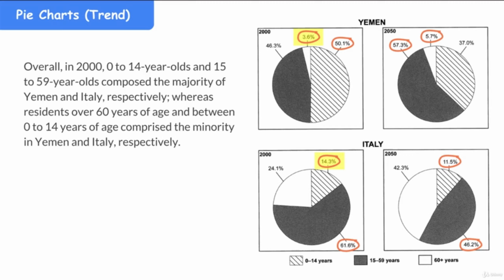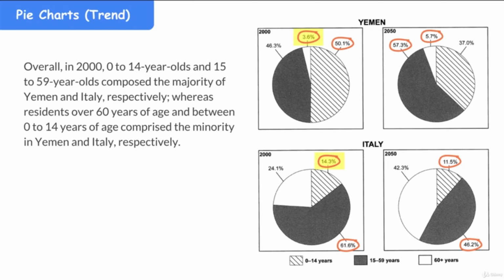So the second part of our sentence reads, whereas residents over 60 years of age and between 0 to 14 years of age comprised the minority in Yemen and Italy, respectively. So in this second part of our sentence, we're saying that residents over 60 years of age comprised the minority in Yemen, and residents between the ages of 0 to 14 comprised the minority in Italy.